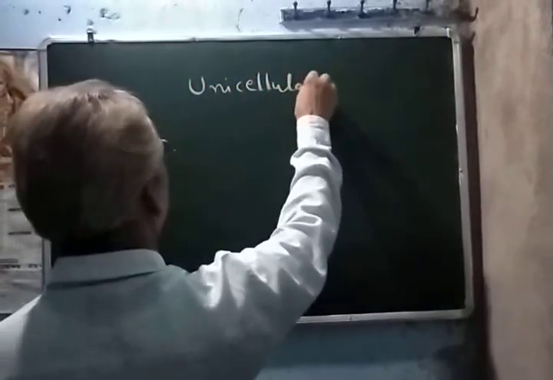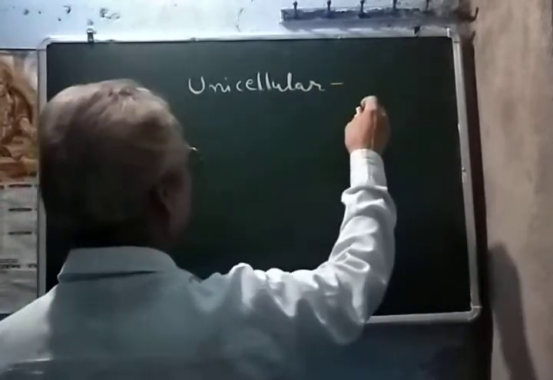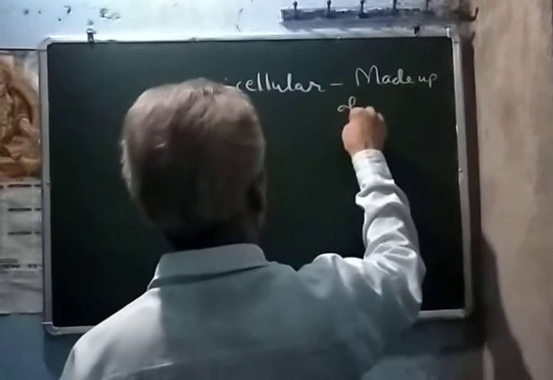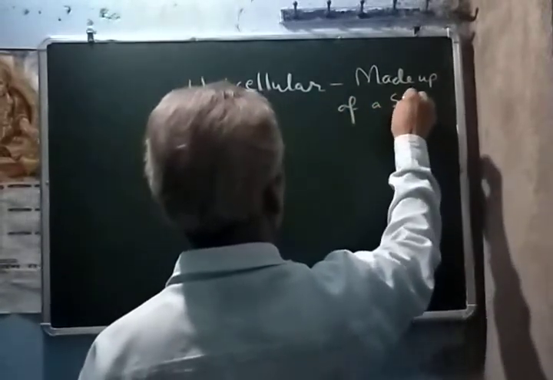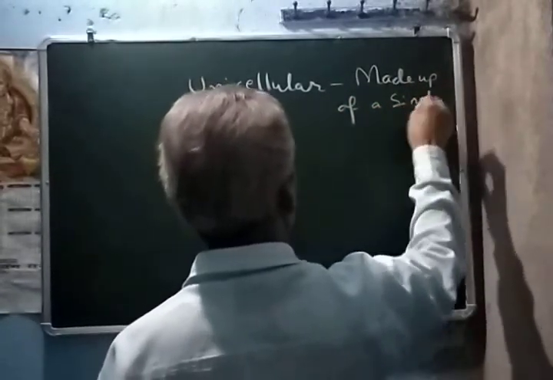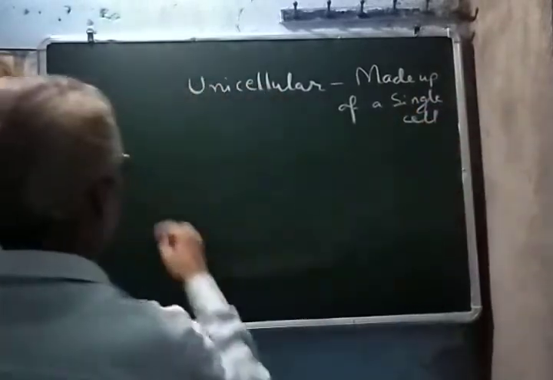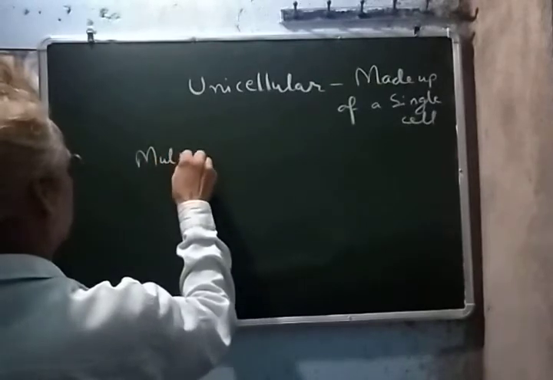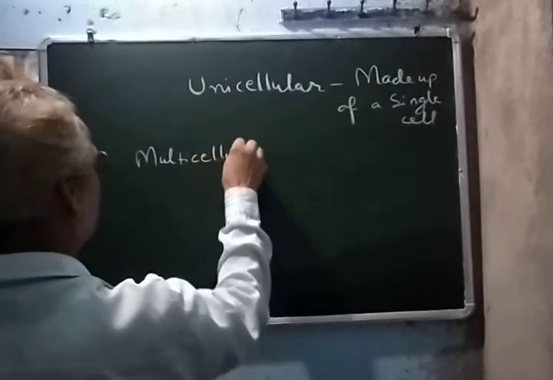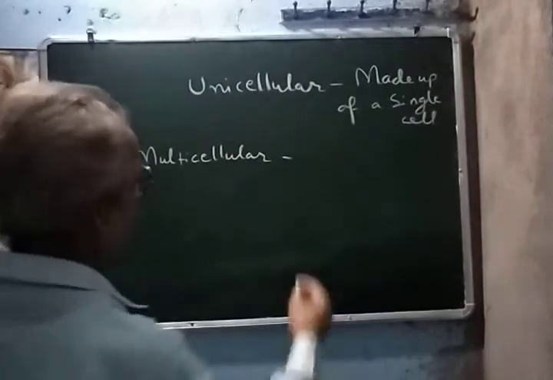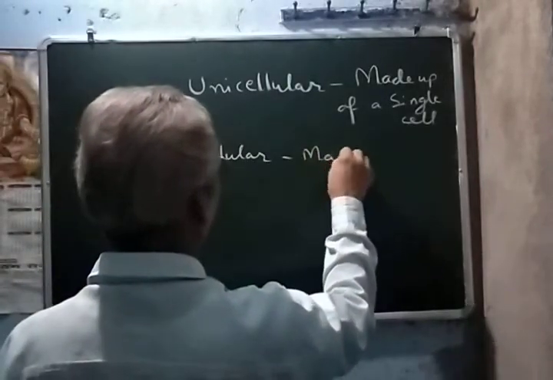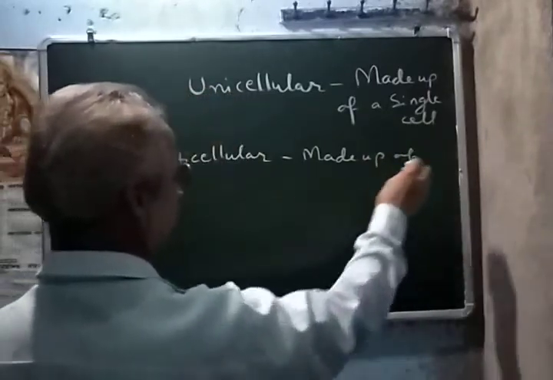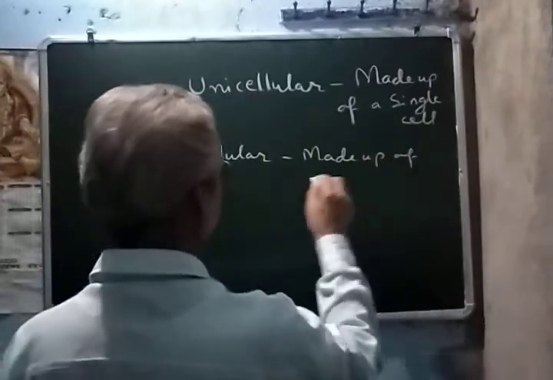Unicellular means made up of a single cell. Multicellular means made up of many cells.